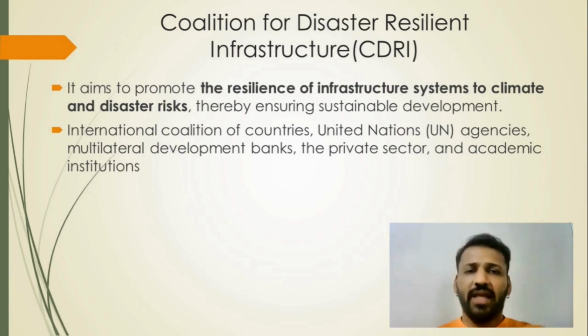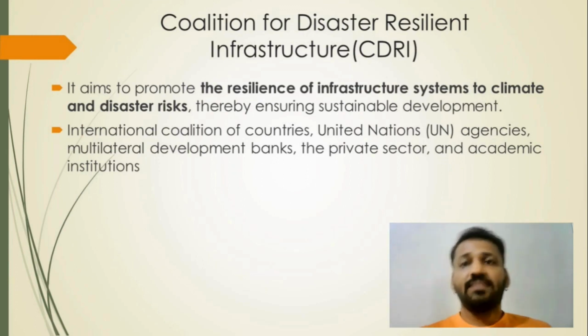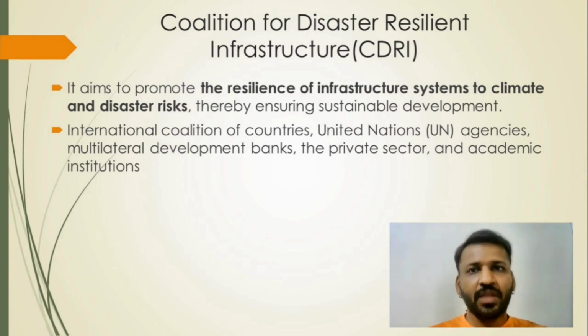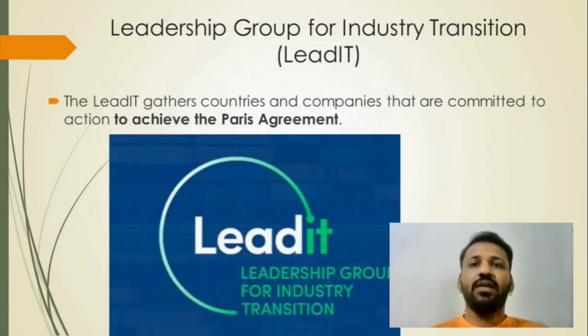Disasters can be of any type: climate disasters related to climate change, hurricanes, earthquakes, storms, global warming, anything. This is very important because in future it is said that we are going to face many more disasters than now. So this CDRI is very important.